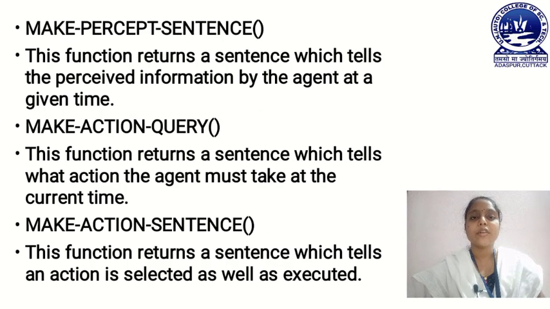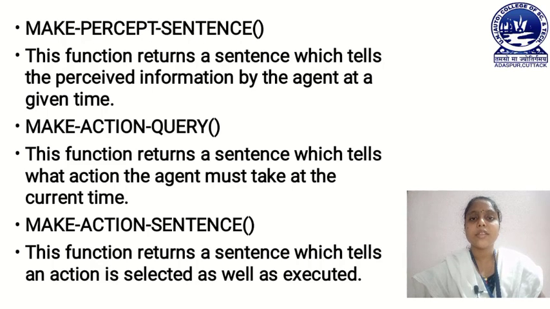Here the first function is make percept sentence. This function always returns a sentence to the knowledge base which tells the knowledge base about the input or the percept it perceives from the environment at a given time. That is the main aim of the make percept sentence function.